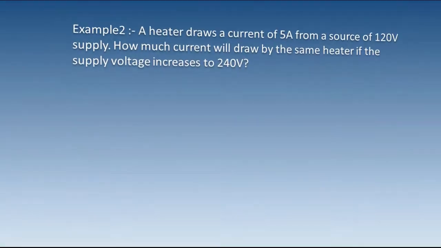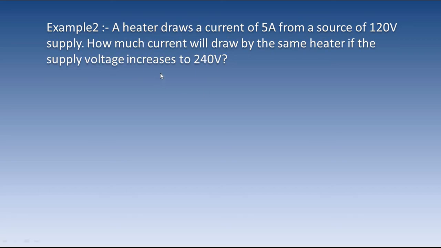Second example. A heater draws a current of 5 ampere from a source of 120 volt supply. How much current will be drawn by the same heater if the supply voltage increases to 240 volt? We are given here V equal to 120 volt and the current I equal to 5 amperes.